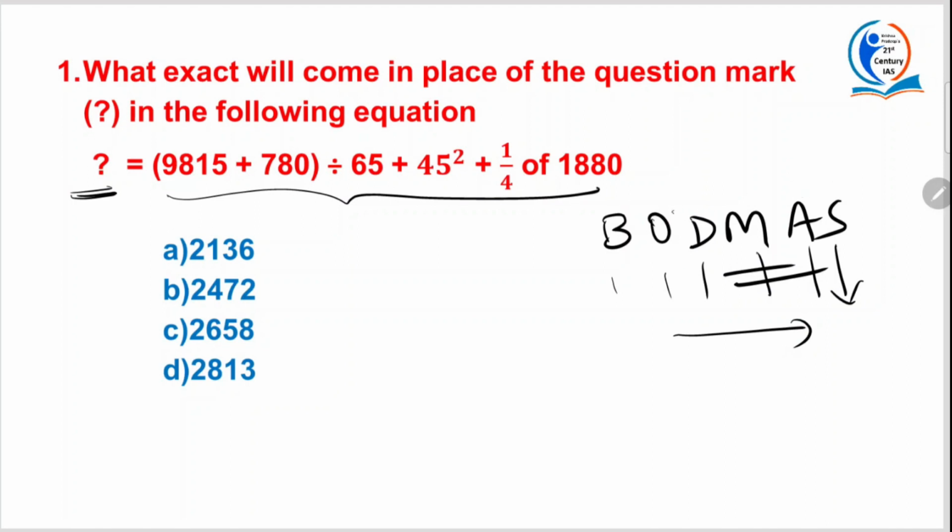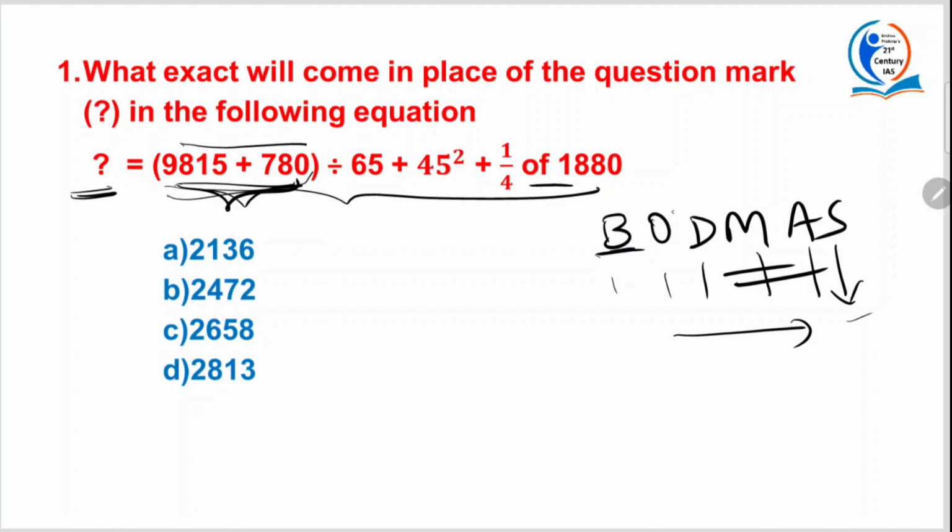If all these operations, that is plus, minus, into, bracket, of and division, come in one equation, this is the order of precedence, right? Now, you have a bracket here. So first you have to solve this one because in the order of precedence, bracket is the first one.